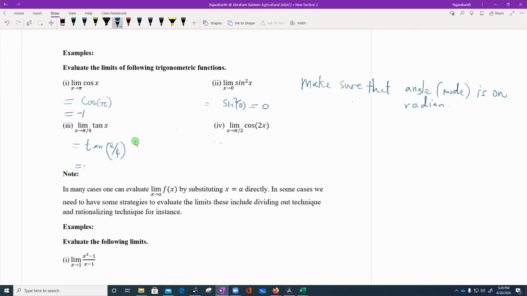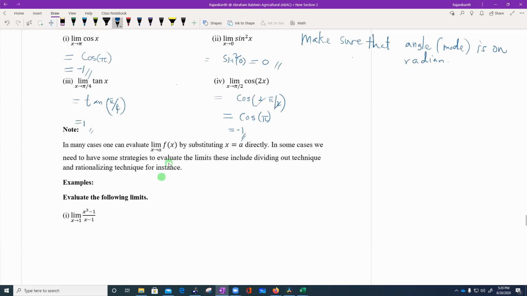So the next one, simply plug in: 2 times x is now pi over 2. When you simplify, 2 times pi over 2 is just pi. Again, cosine pi is -1. Very easy, no? You know trig values. Okay? So this is all about limits of trig functions.